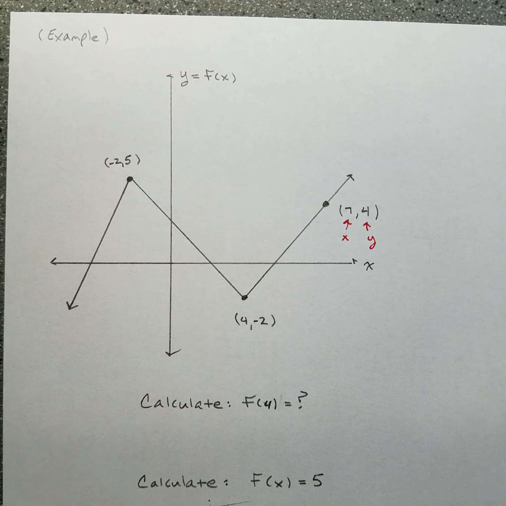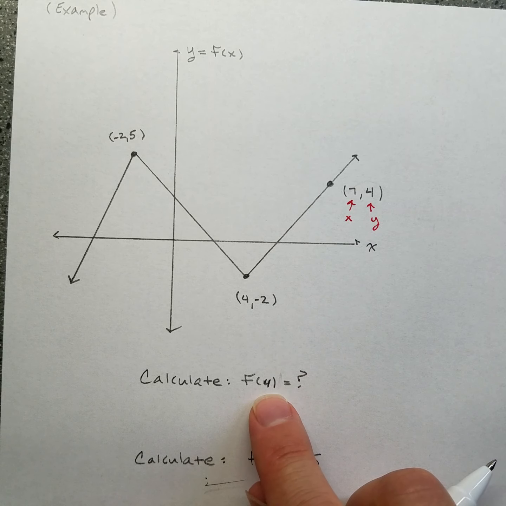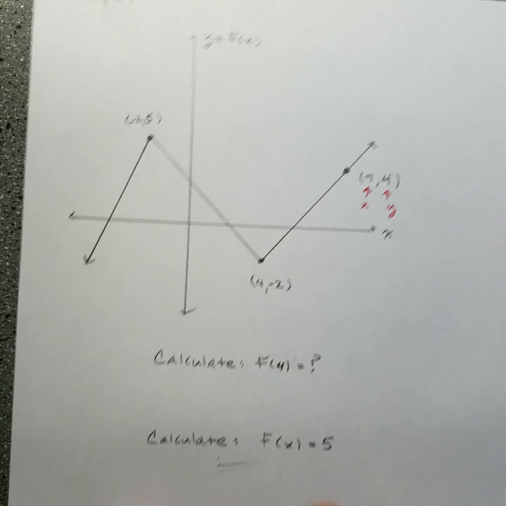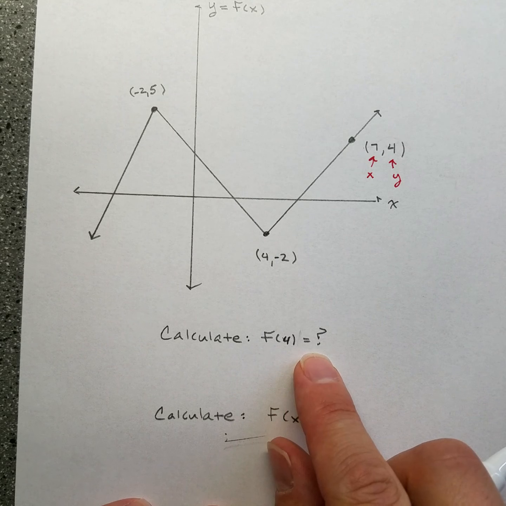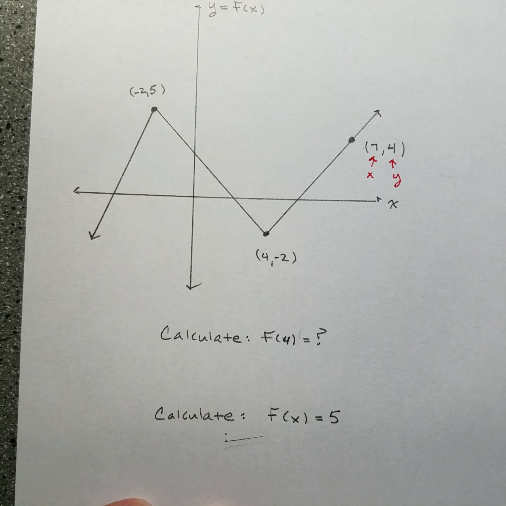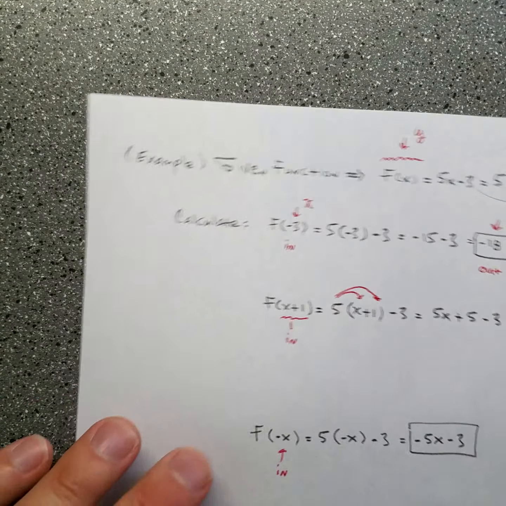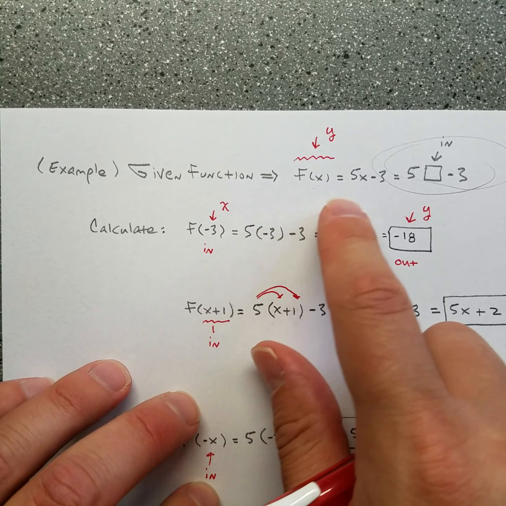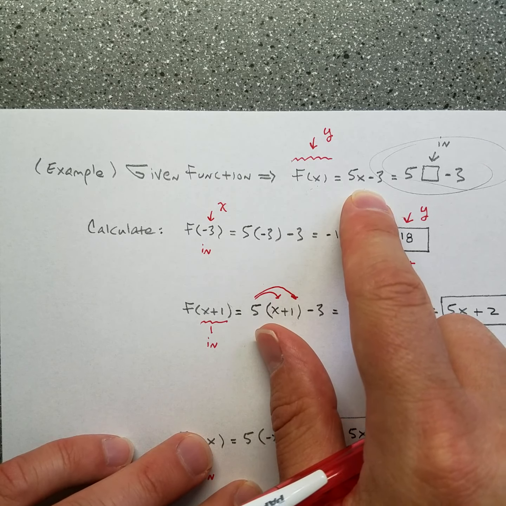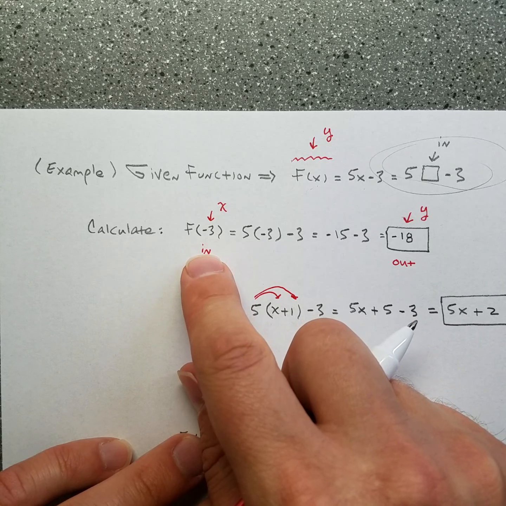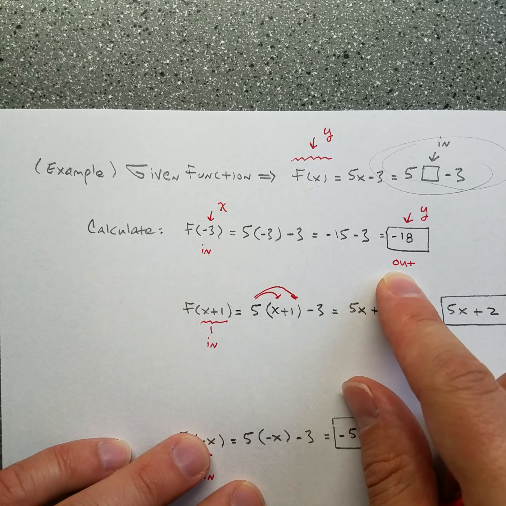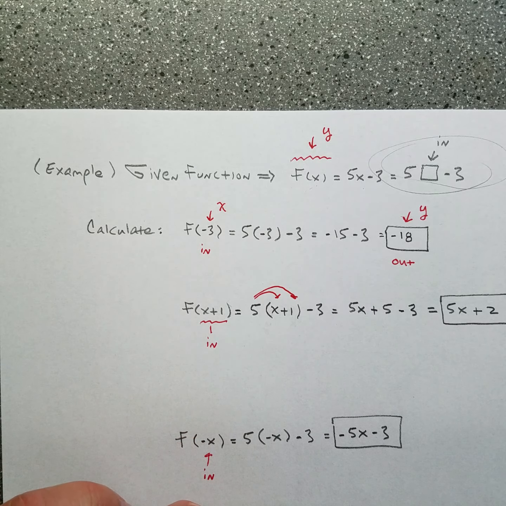Now, here it says calculate what f of 4 is equal to. Have we seen anything like that so far? That seems kind of familiar to me. I know we have, like in this function. There's a function. If you put -3 into that function, you get -18 out.